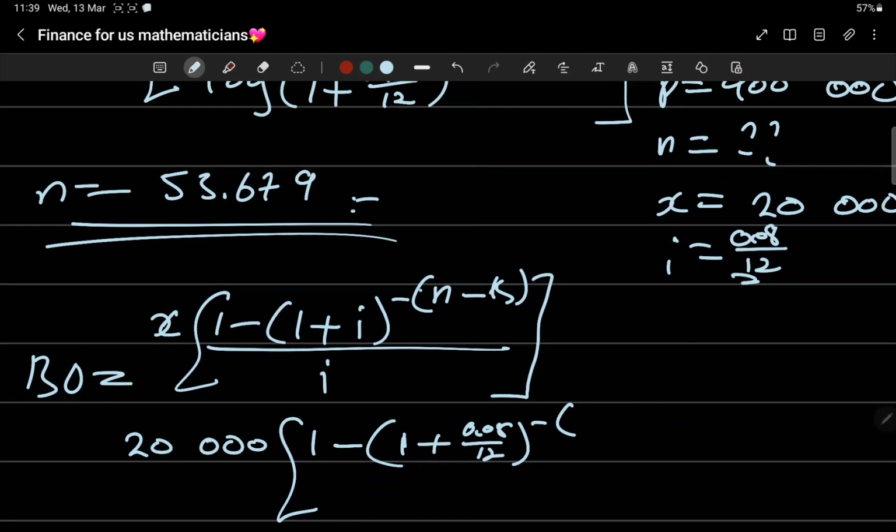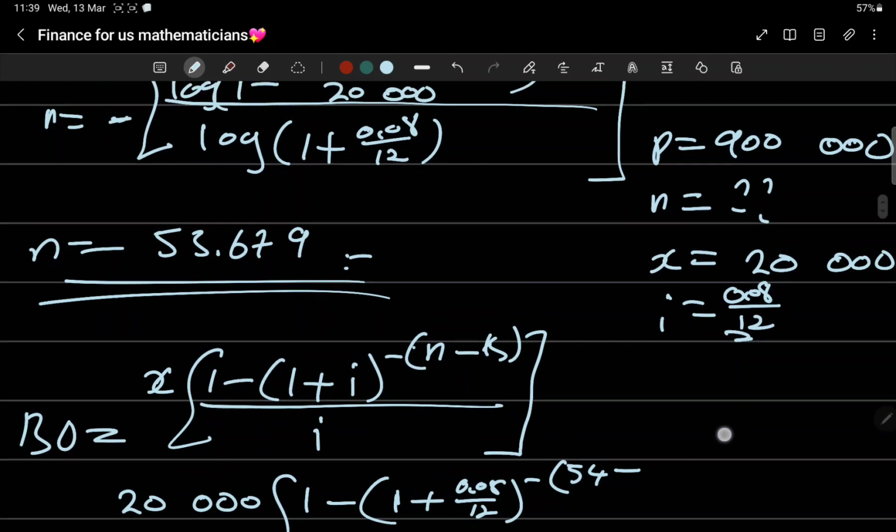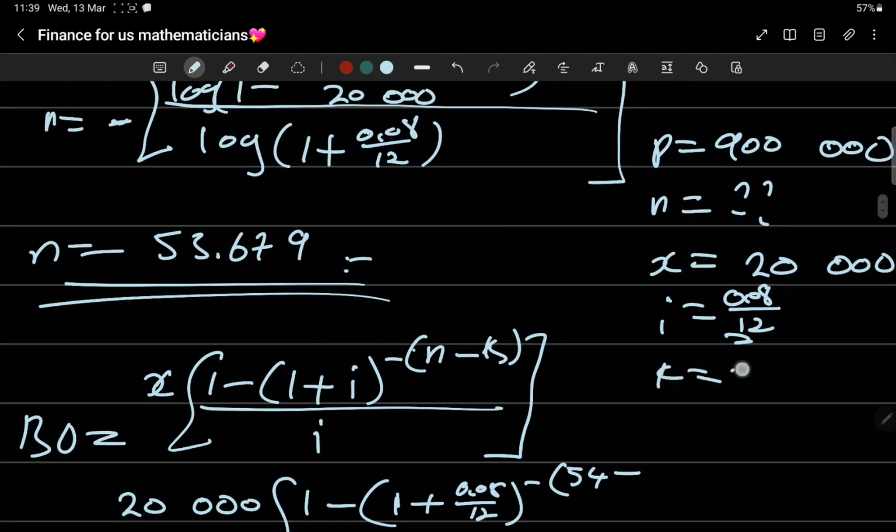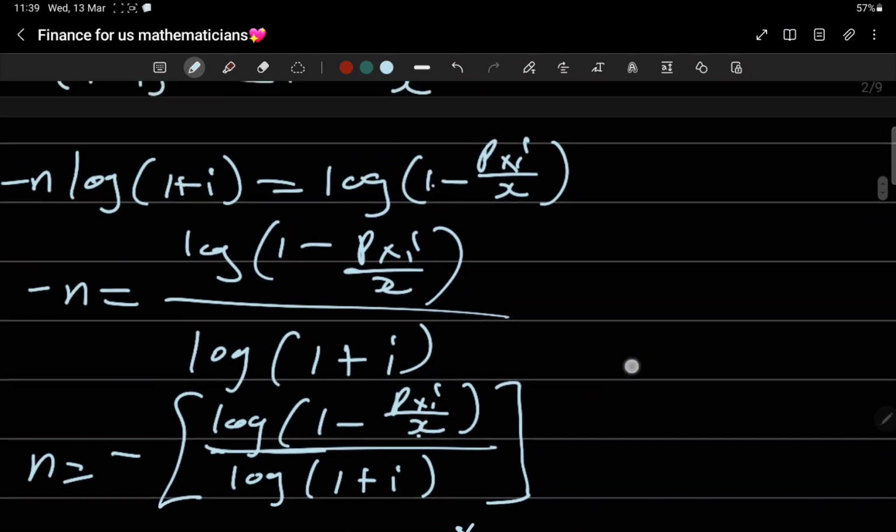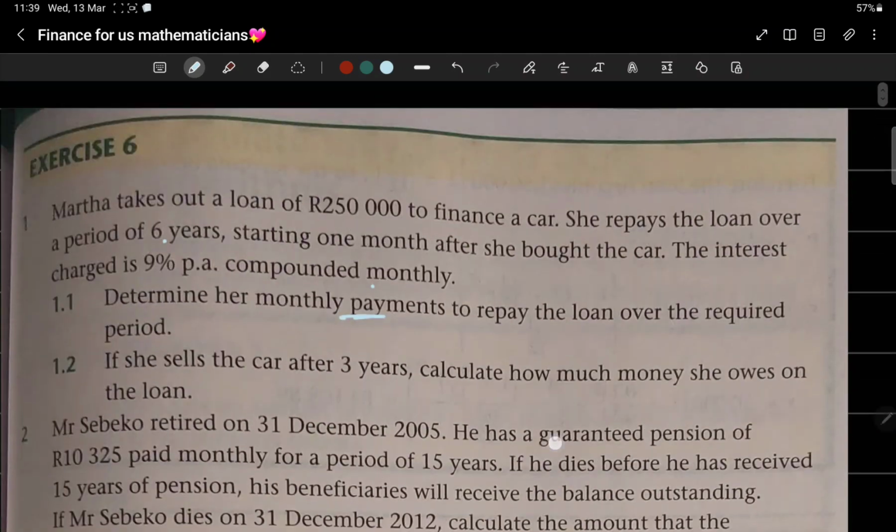I prefer not to round off at this stage. Even when you do it on your calculator, don't round off, just save the value and press the function answer, to make sure you don't leave out any value, because if you leave out 0.001, it'll still make a difference. Remember, k is the number of payments already made: 30, as given here.